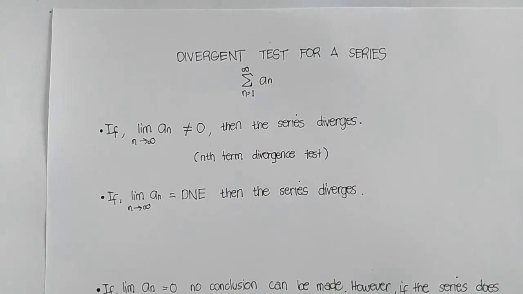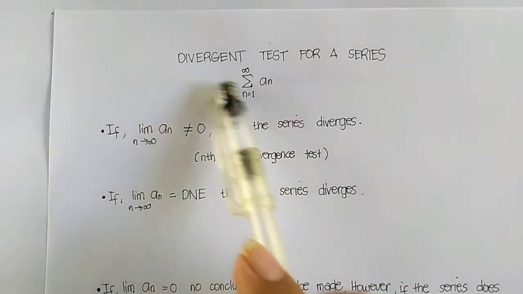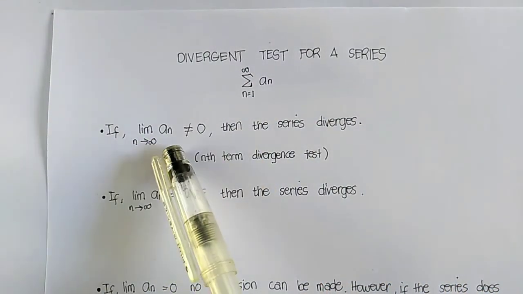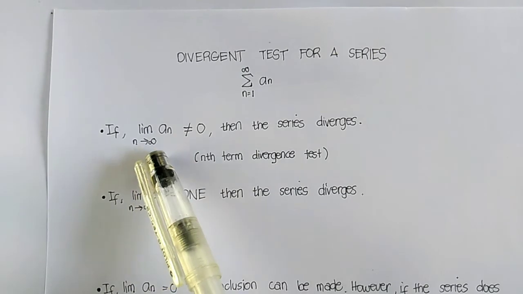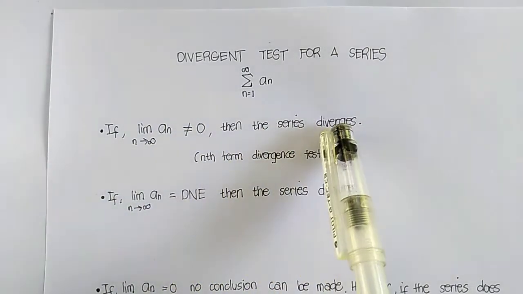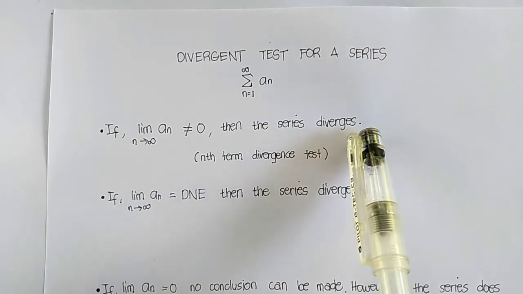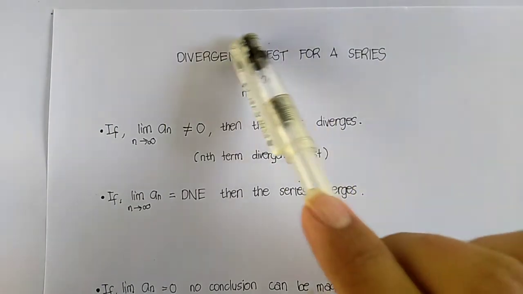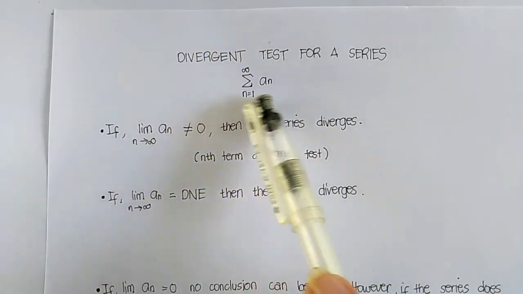So let's proceed to the divergence test for a series. If the limit of a sub n as n approaches infinity does not equal 0, then the series diverges. Remember that a sub n is the formula that generates the terms in the series.